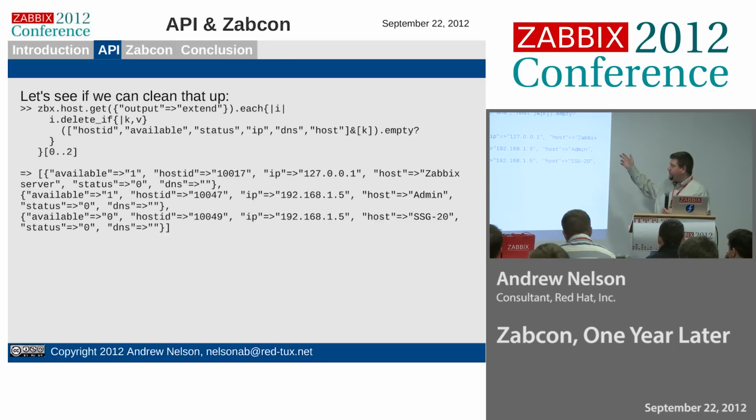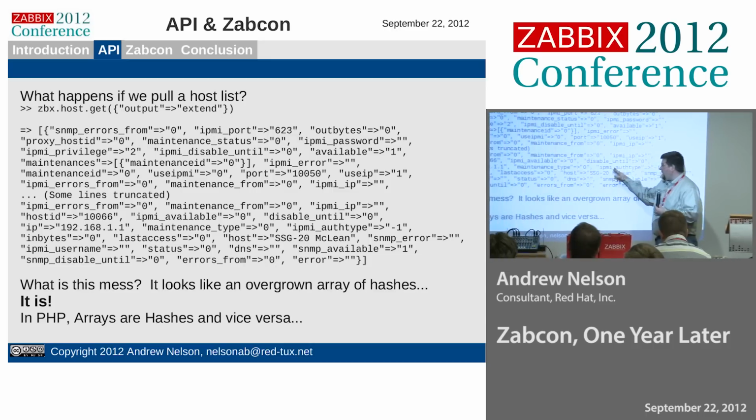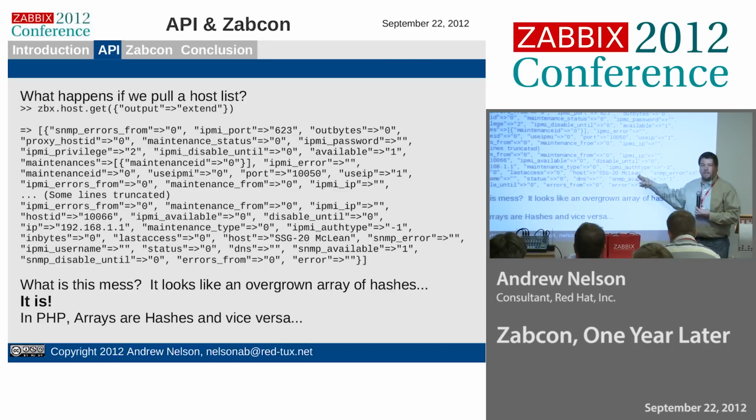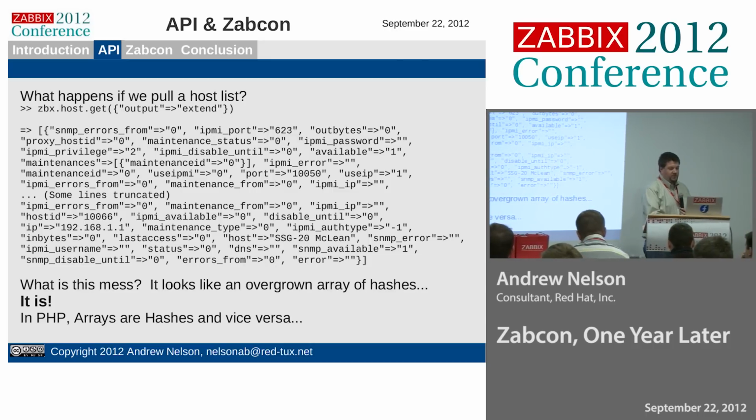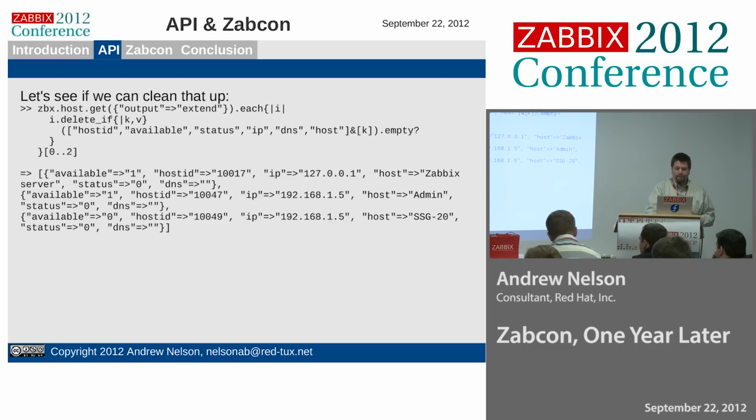So then I just say, hey, is it empty? And because my block is a delete block, I'm deleting elements within the hash. So if we go back a step, we can see that there's a lot of information in here, a lot of hash keys. And so we're kind of deleting things out. And as you can see, that's a little more readable.